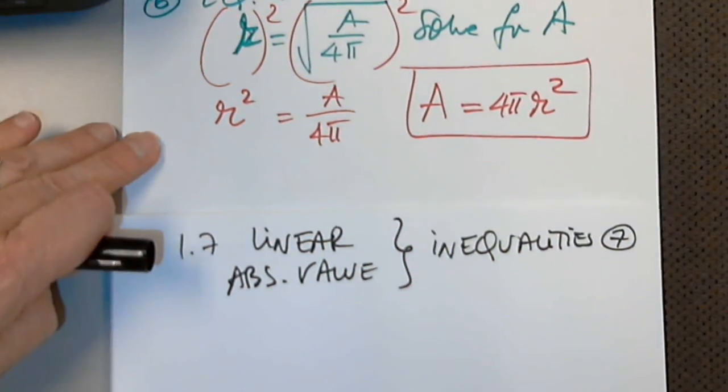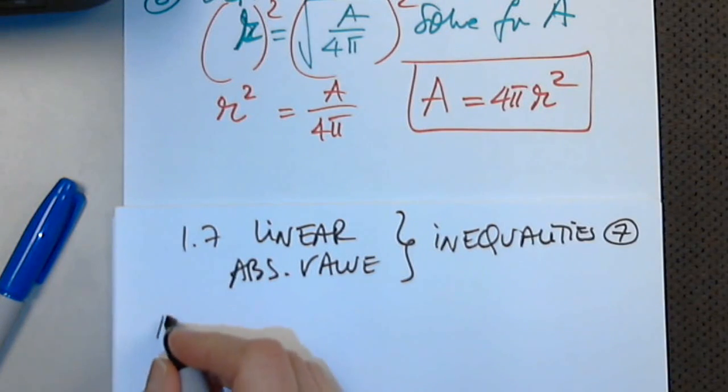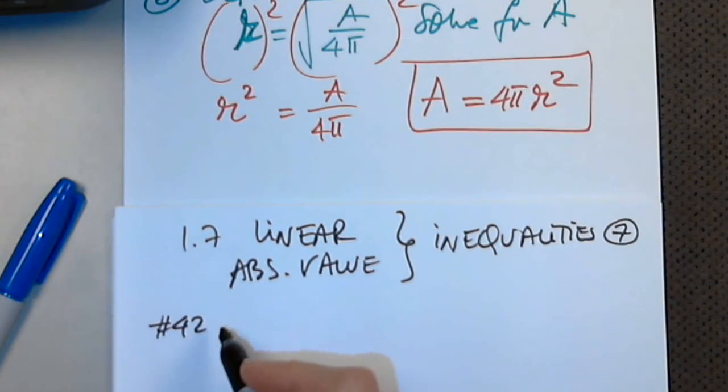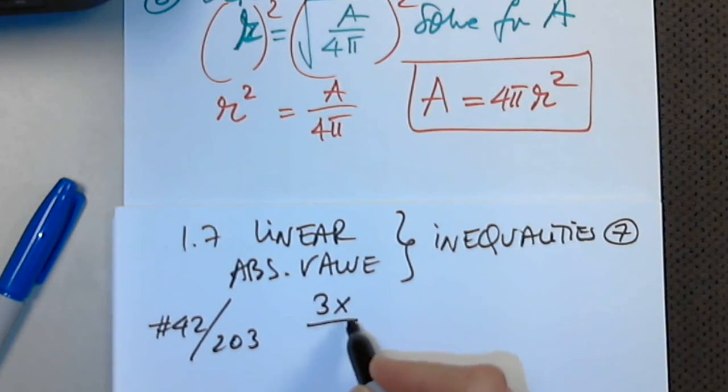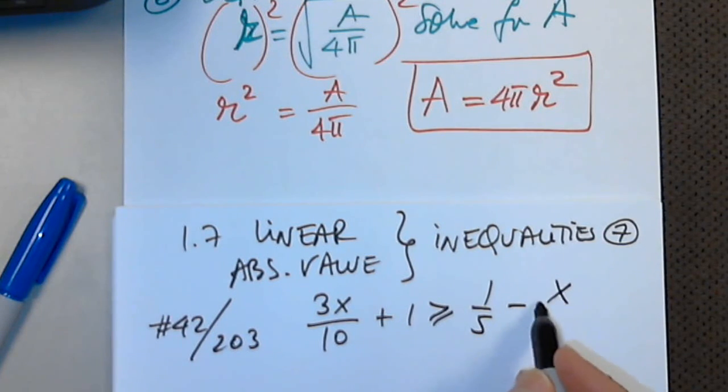So let's look at a linear inequality first. Yes, why not? Let's choose one with fractions, just because I want you to never be afraid of fractions. 3x divided by 10 plus 1 greater than or equal to 1/5 minus x over 10.